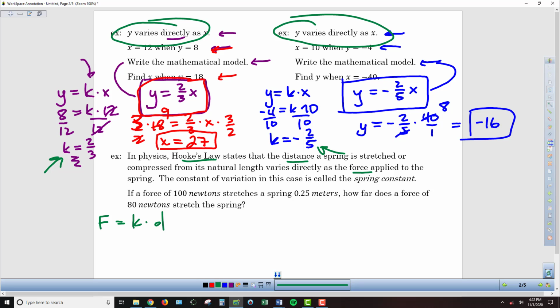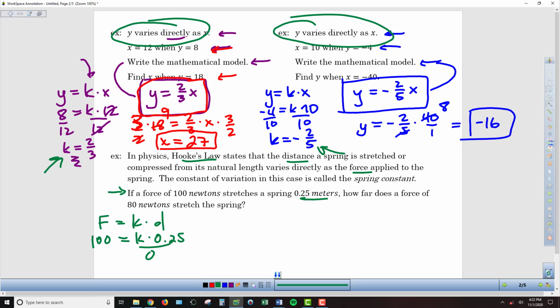So continuing with this one, if we write it in this F equals K times D format, which is kind of standard for this type of question, we've got a force of 100 newtons stretches the spring 0.25 meters. I'm going to plug those values in to figure out what K is. So I've got 100 for the force equals K times 0.25 for the distance.